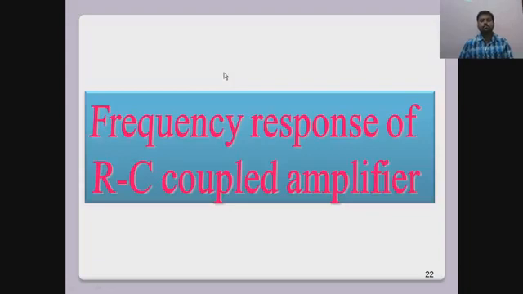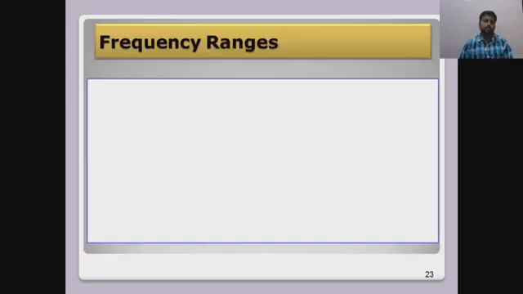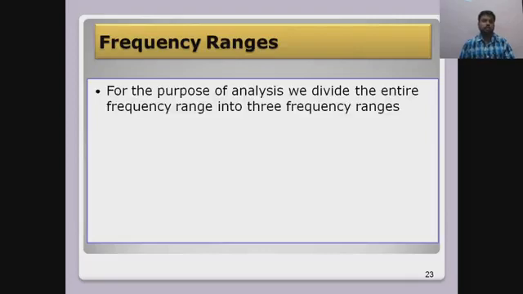The frequency response of a RC coupled amplifier. Now let us discuss the frequency response of the RC coupled amplifier. For the purpose of analysis, we have divided the entire frequency range into three frequency ranges.